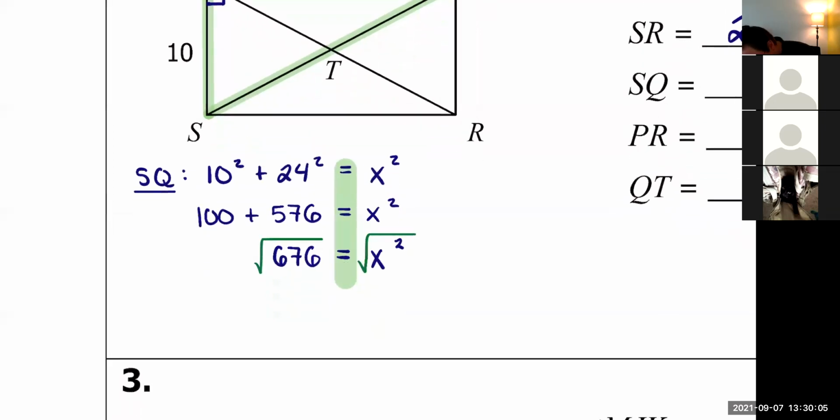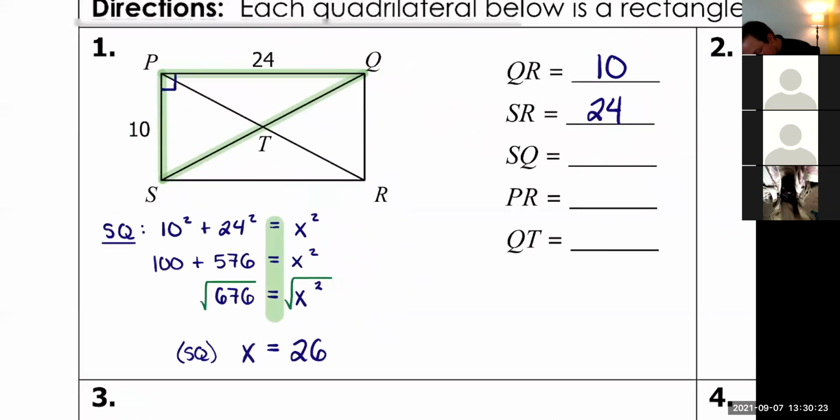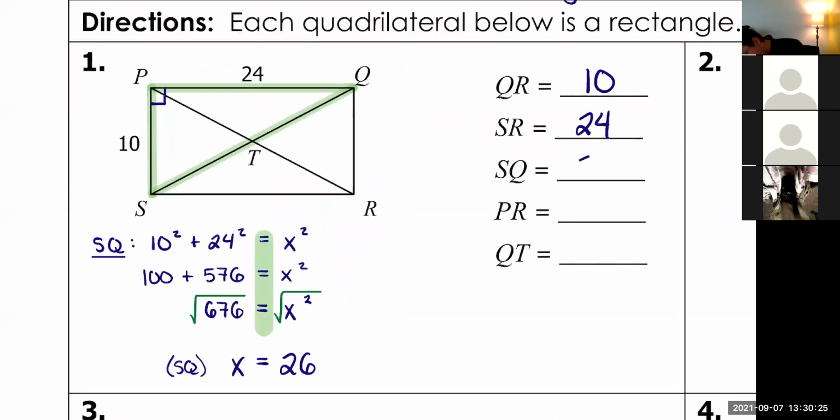X is approximately, or actually, is it exact? Yeah, exact. 26. Exactly 26. So again, this was my side SQ. So SQ over here is 26.